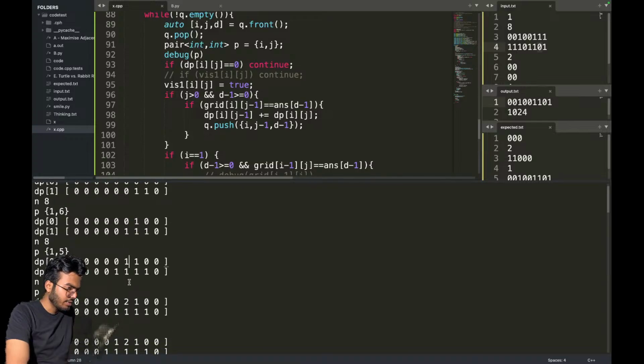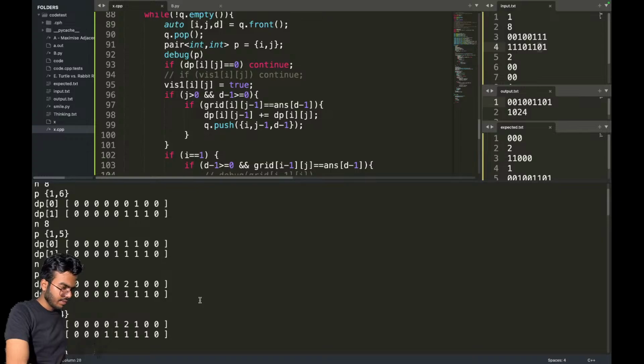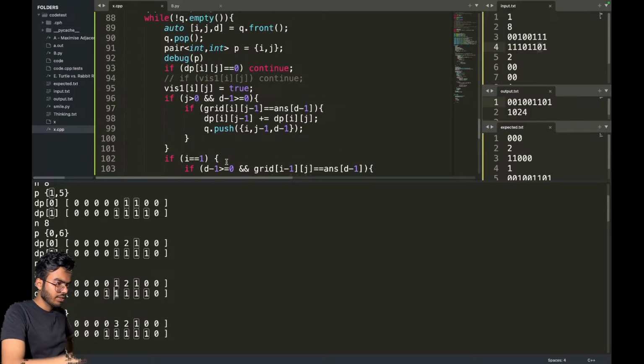Okay, then we go to 1 5, because definitely try going left. Then we go to 0 6 again, and then I said okay, this will become my array. Then we go to 1 and 4. And why are we doing this? Because we are trying to go left.